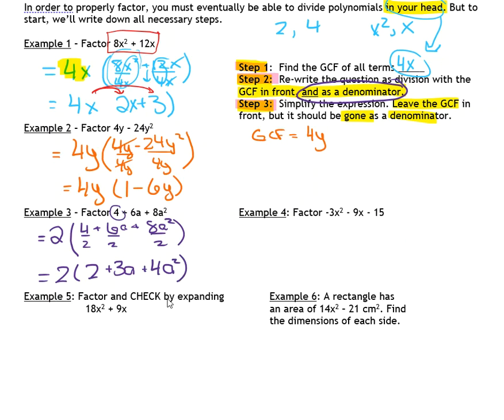Next one. This one we're going to practice our greatest common factor being a negative. The first step is to find the greatest common factor of all terms. We're going to take out a negative this time. So I'm going to put a negative down. But what do a 3, a 9, and a 15 all have in common? They all have a common factor of 3.